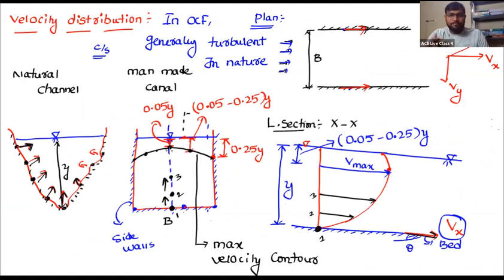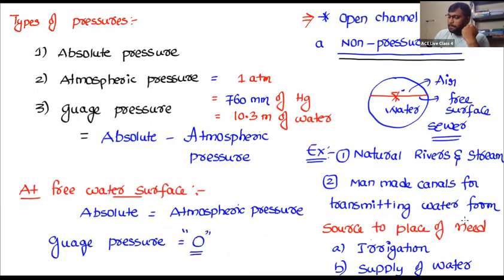Now, let's see what the remaining things are and how we go conceptually. Yesterday at the start, I showed you some practical applications, right? I hope you can see these practical applications. Where do you see open channel flow? We see open channel flow in natural rivers and in man-made canals, which we construct for navigating the water or transmitting the water from the source to the place of need, such as for irrigation and water supply.